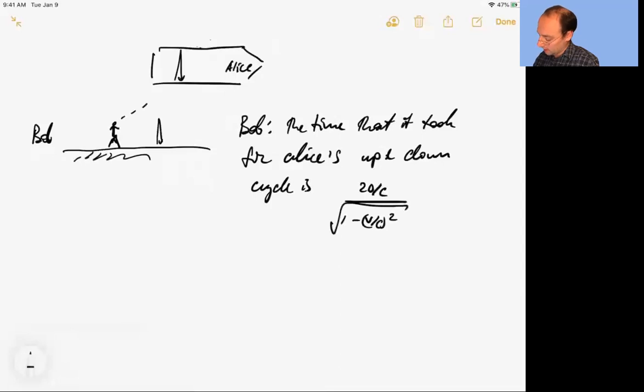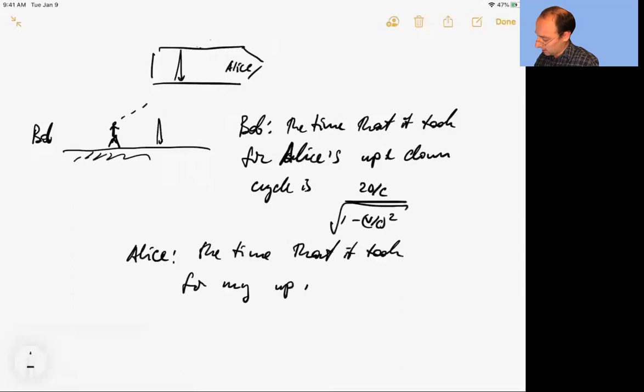Okay, and Alice says, the time that it took for my up and down cycle, according to her clock, is 2d over c.